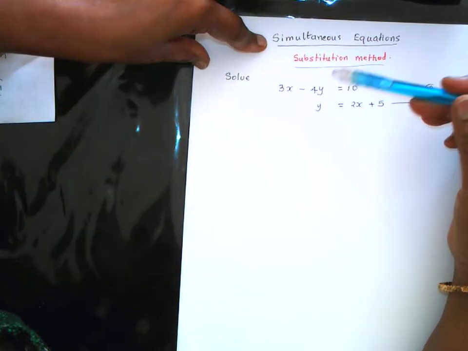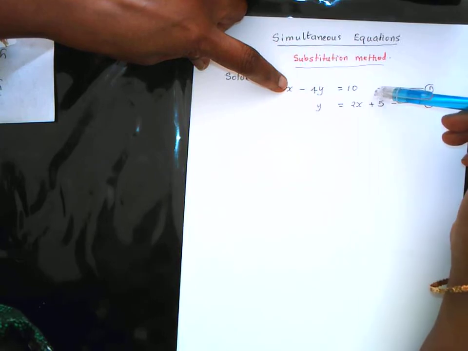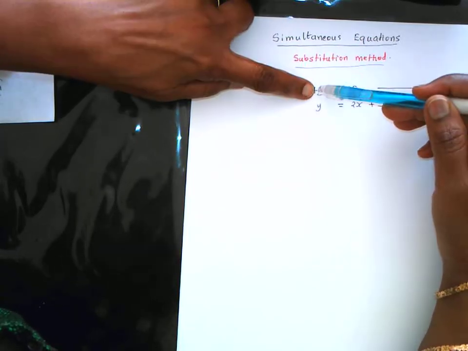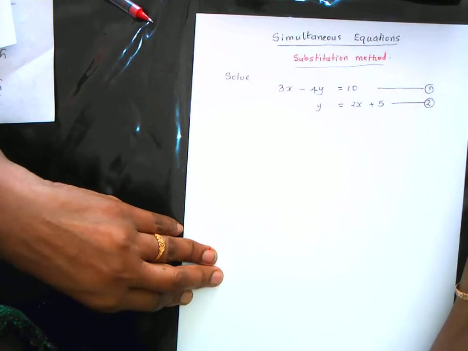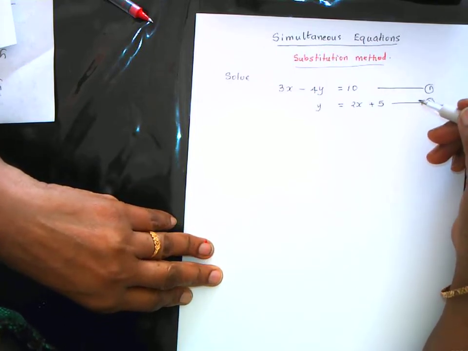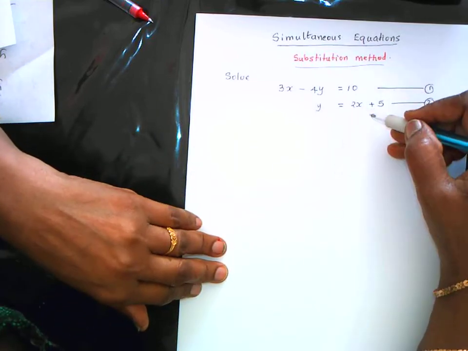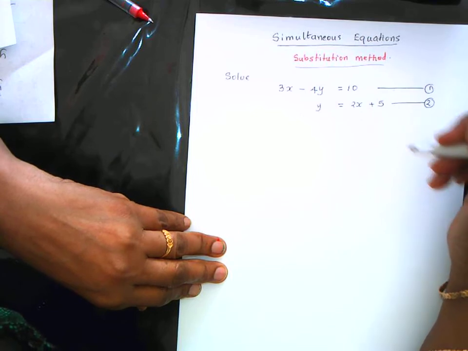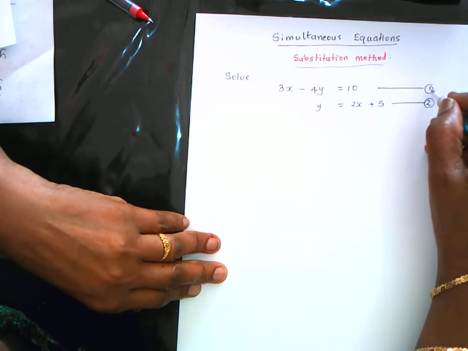If I want to do that, I need to know either x in terms of y or y in terms of x. That means we have to make x or y the subject. It's complicated. Instead, look at equation 2. This is already y in terms of x. So I'm going to substitute 2 into 1.